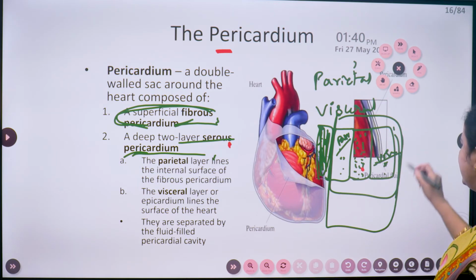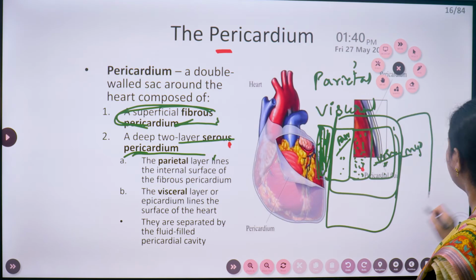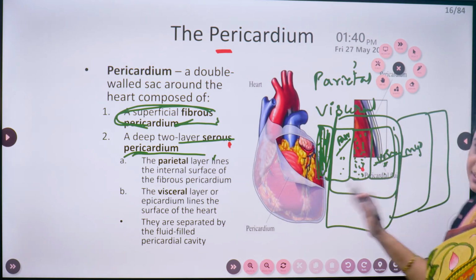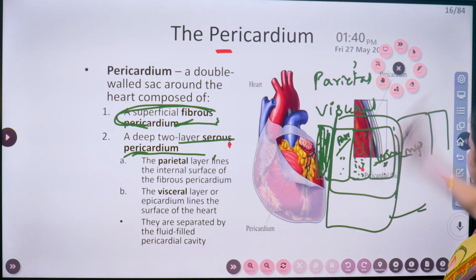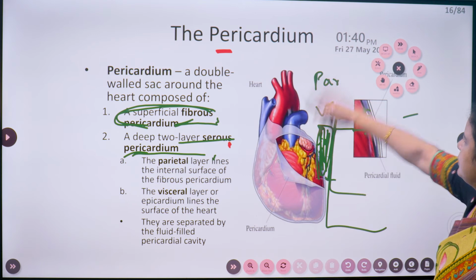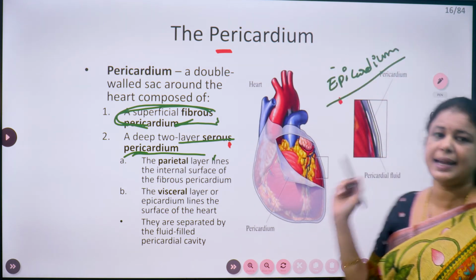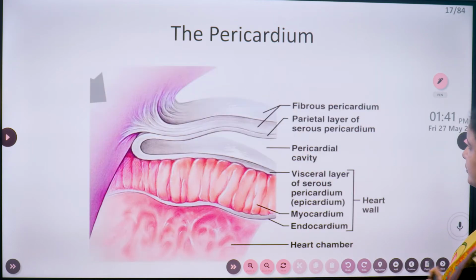After this layer we have the myocardium and the endocardium. These are the complete covering layers of the heart. The visceral layer of the heart is called the epicardium.